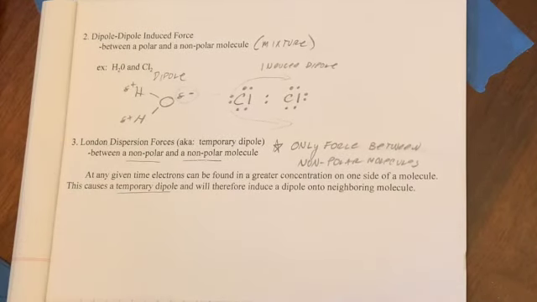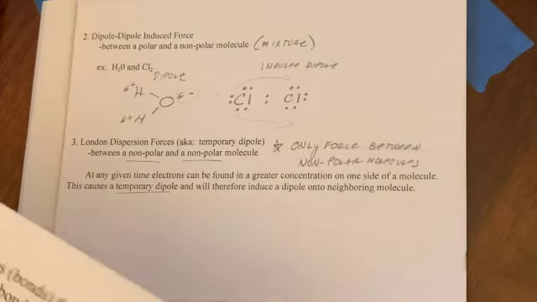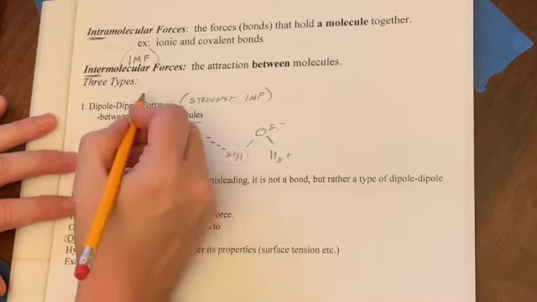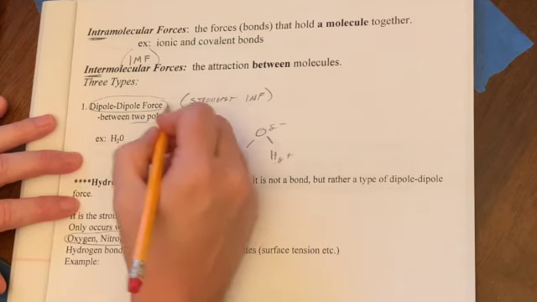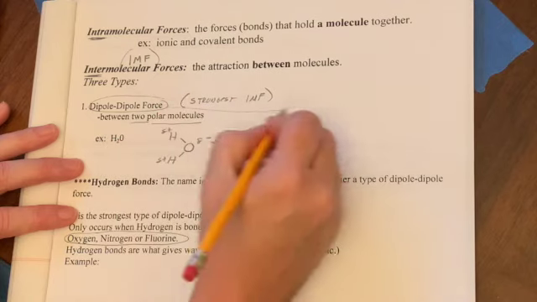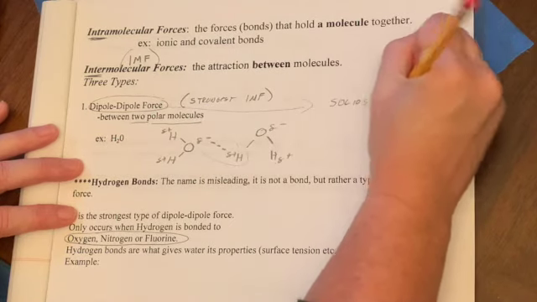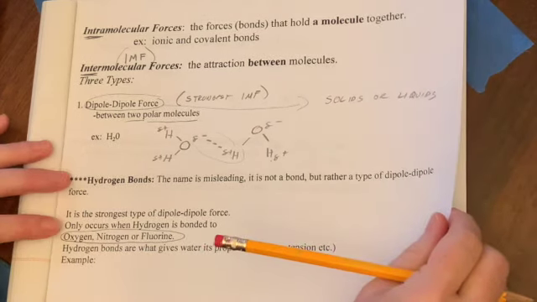Now, why are these different types of forces important? Well, they give us an idea as to the different properties of these atoms. When you have dipole-dipole force occurring, and I just went back a little bit in your notes, you tend to get things that are either solids or liquids at room temperature under normal conditions.